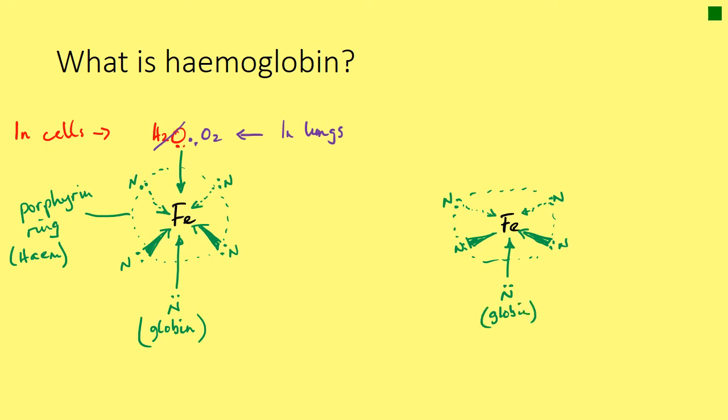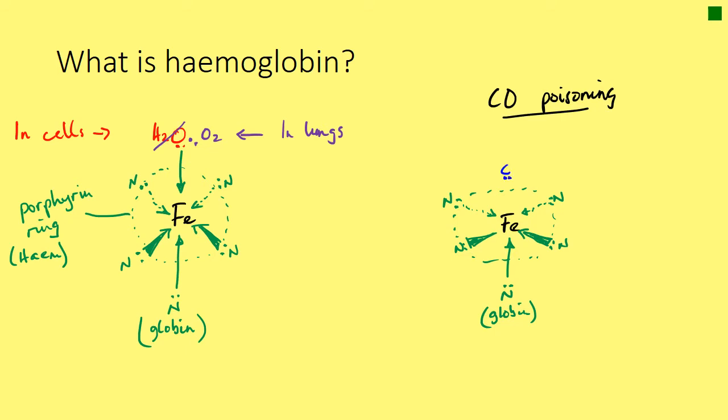And when we get carbon monoxide poisoning, let's just write a little subtitle here. Carbon monoxide poisoning. What happens is that you get a carbon monoxide molecule which has a lone pair on the carbon.